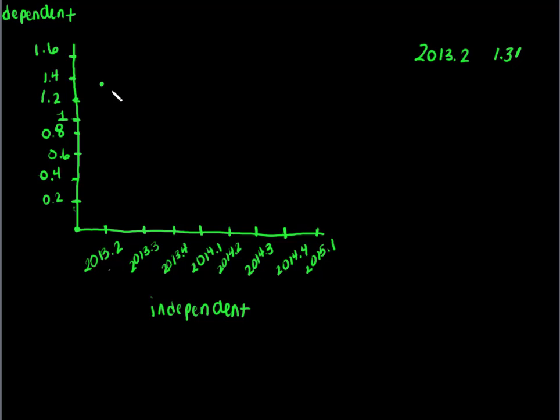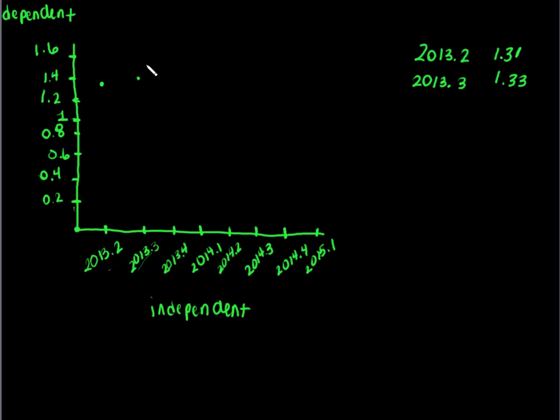My second point: the third quarter of 2013, the exchange rate is 1.33. So I'm going to be above the third quarter of 2013, a little bit above my last point. Maybe about right there.